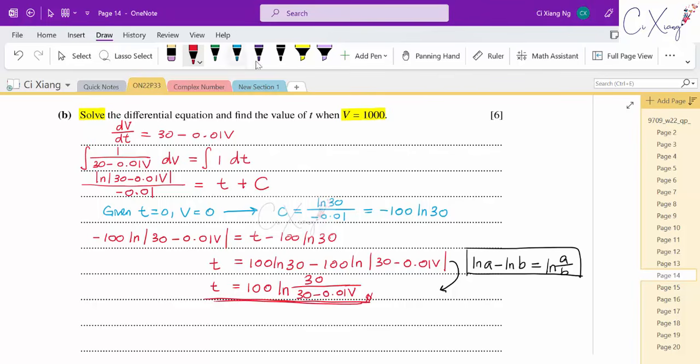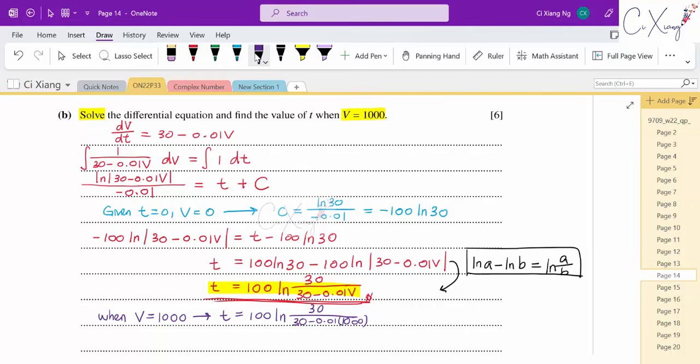So we completed the first part, and now we solve the second part. For the second part, they're asking for the value of t when V equals 1000. When V equals 1000, your equation for t will look like this: 100 ln(30 divided by 30 minus 0.01 times 1000).